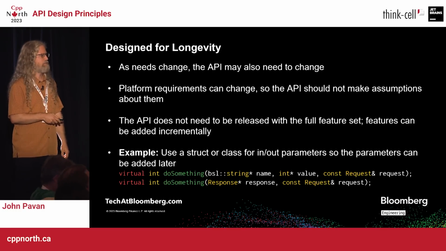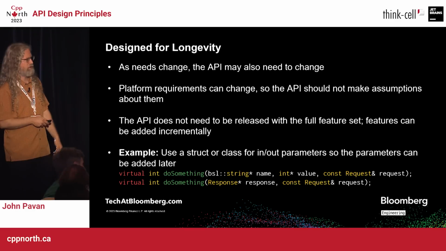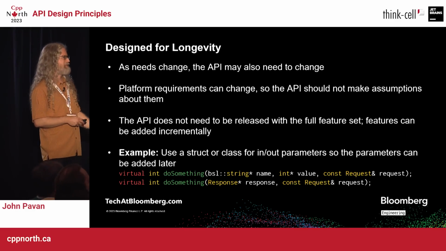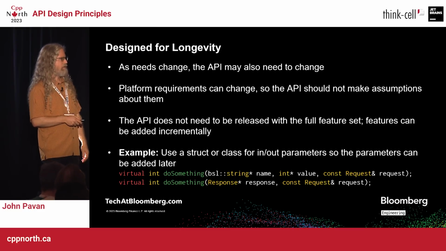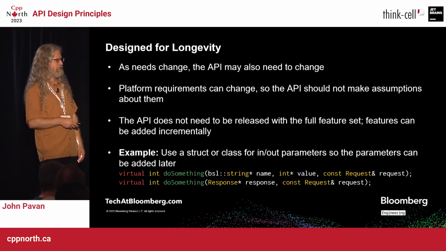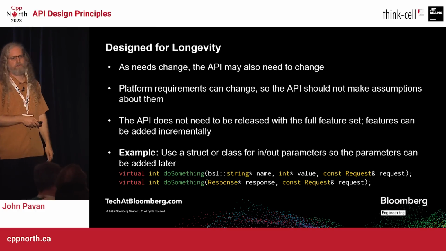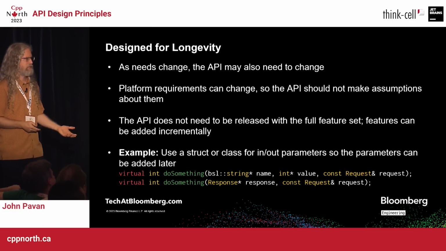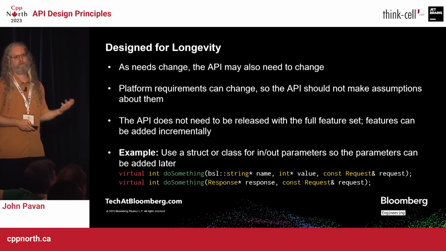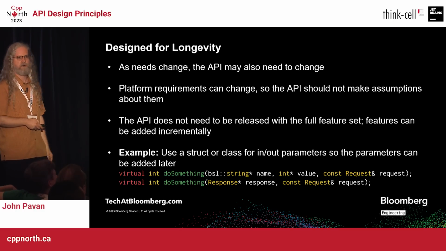And let's say at some point you need to add some additional thing like a return code. If you do it this way, you're going to have an API breakage. But if you take the name and the value and put them inside of a response, then you can populate the response. If you need to add things to that response, people still have to relink, but they at least don't have to modify the code by hand if they don't care about that additional field.